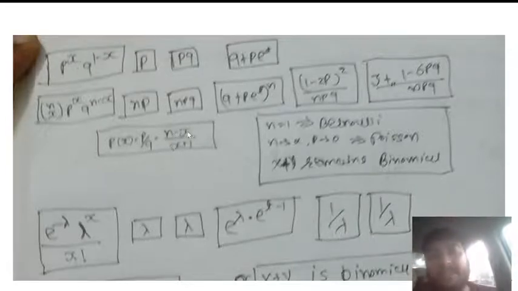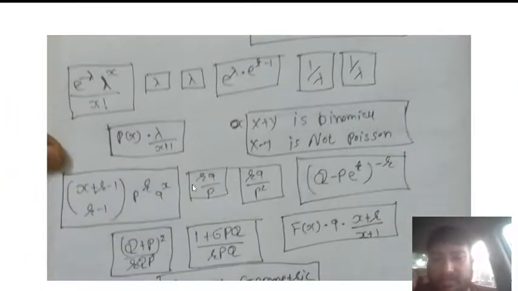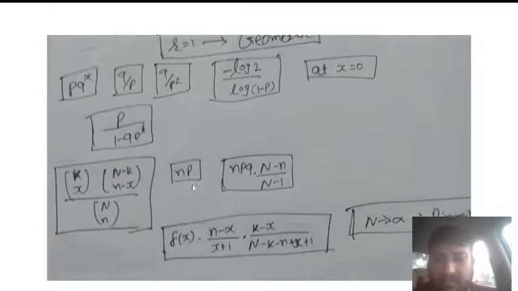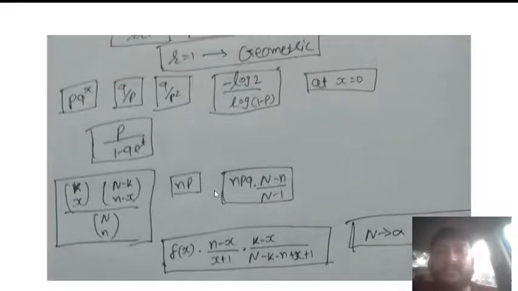Remember this term, n minus x upon x plus 1. It will repeat once again in the hypergeometric distribution's recurrence formula, which also has this term, n minus x upon x plus 1.